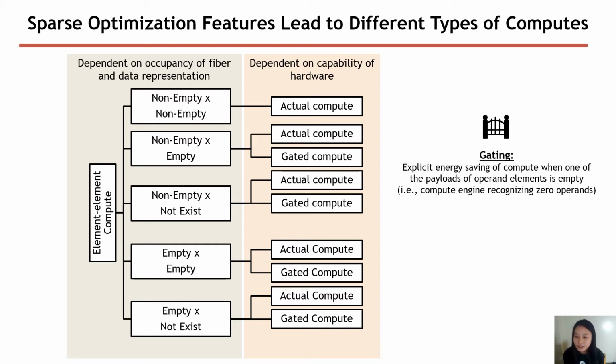Gating, again, explicitly saves energy of a compute when one of the payloads of the operand element is empty. So when it sees one of the operands is 0, it will say, okay, I saw a 0, I'm going to gate. As you can imagine, this optimization is only associated with the compute engine because it looks at the actual value sent to the compute engine. So whenever a compute engine sees a 0, it will gate itself.